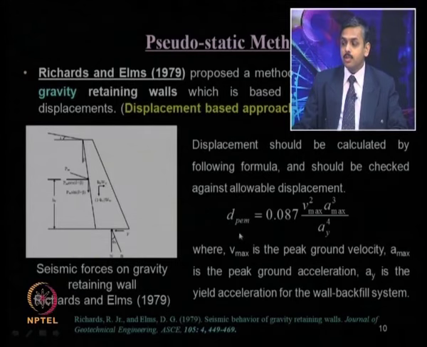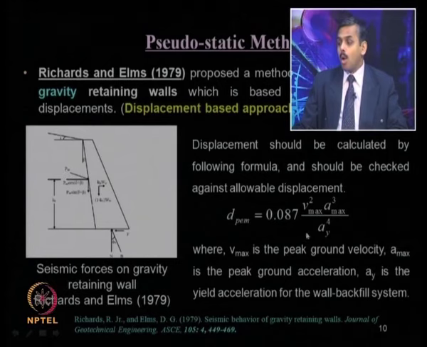The permissible displacement can be computed as 0.087 V max squared A max cubed by A y to the power 4, where V max is the peak ground velocity, A max is the peak ground acceleration, and A y is known as the yield acceleration for the wall backfill system. What is the definition of yield acceleration?